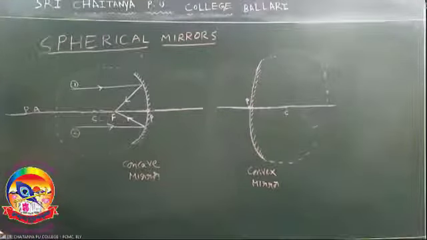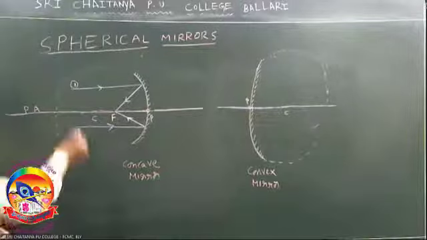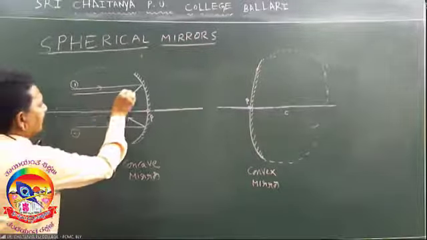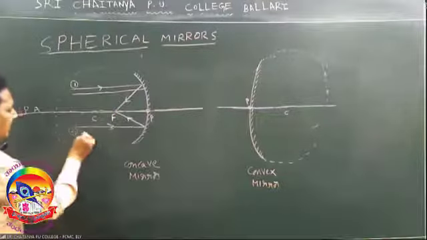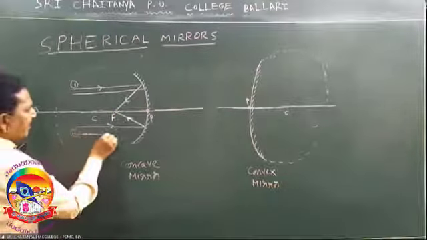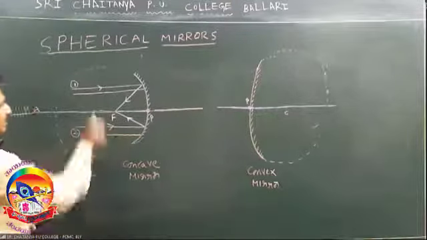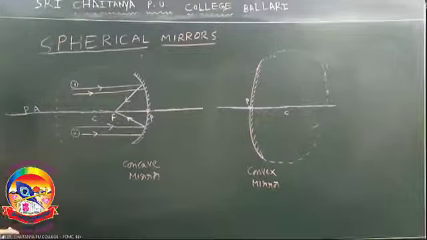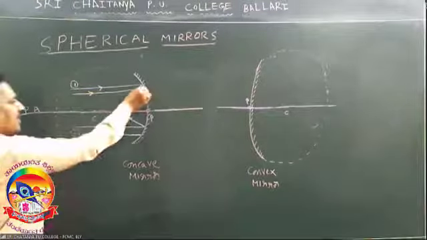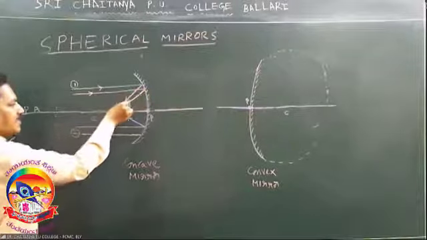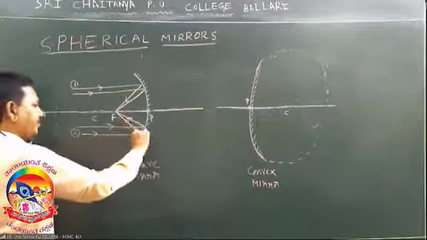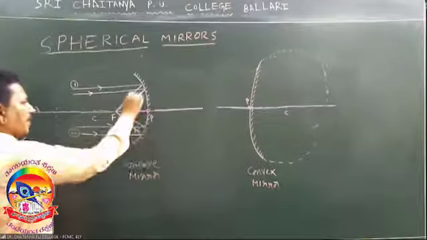Not only these two. If we take one more light ray, here one more light ray. These two light rays are also paraxial rays parallel to the principal axis. After reflection, they will also pass through the same fixed point.